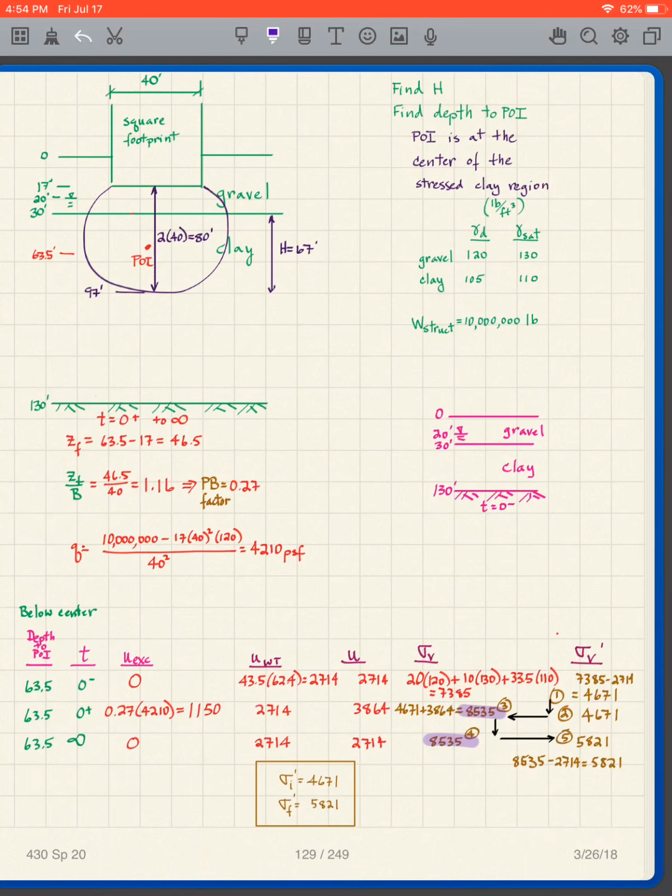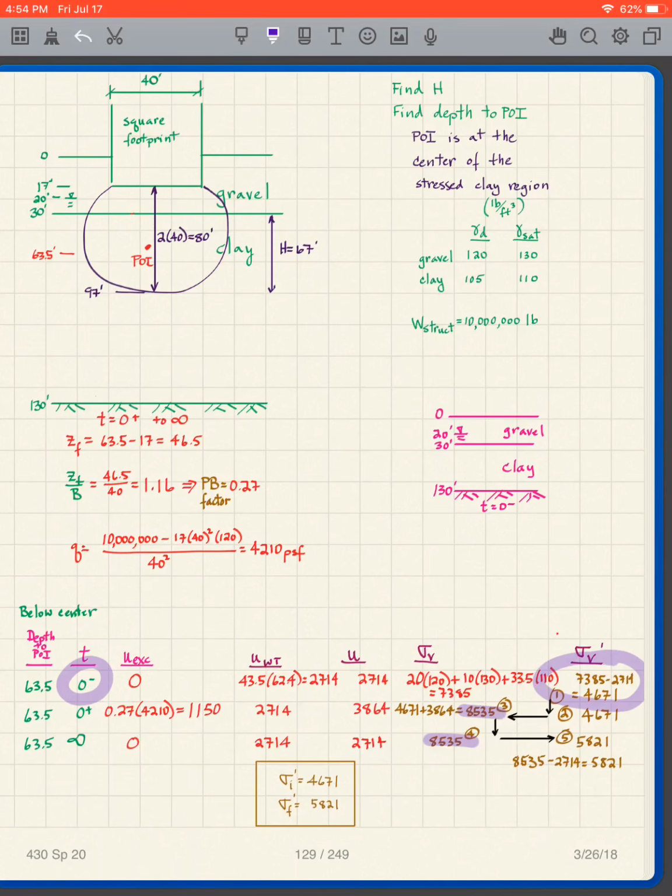So the way I like to do these is very straightforward. In other words, I'm going to compute sigma V prime. How do I do that? It's just sigma V minus U. So I'm going to get this number here at t equals 0 minus. You can all do that. It's very straightforward.